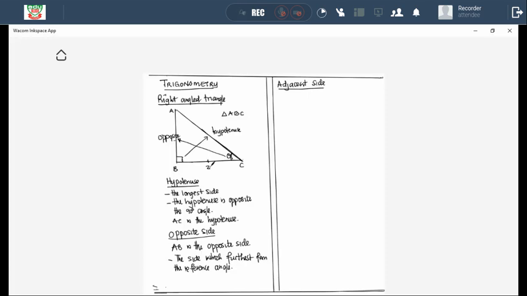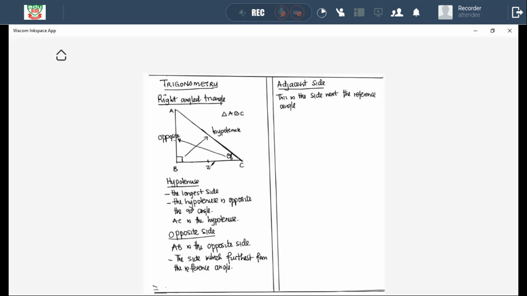Okay, right. Now we say this is the side next to the reference angle.